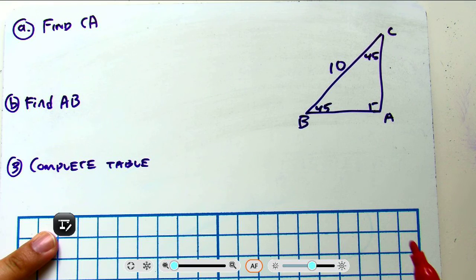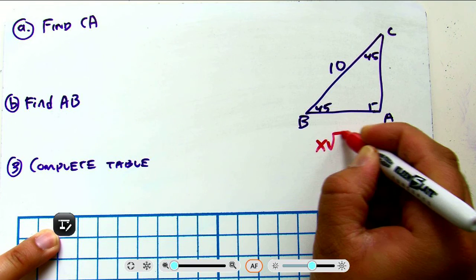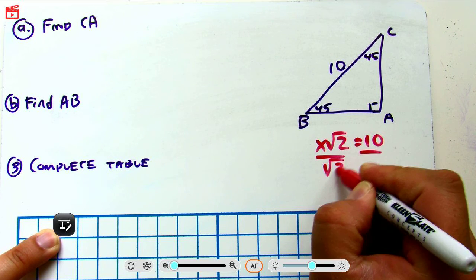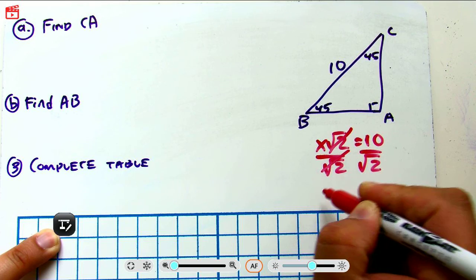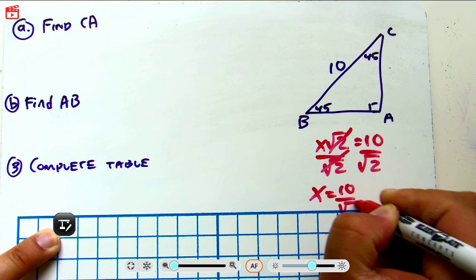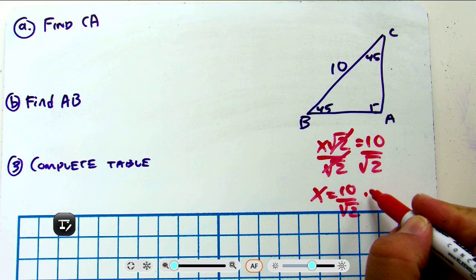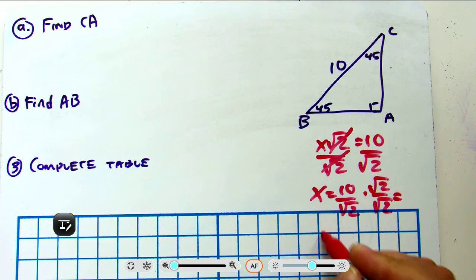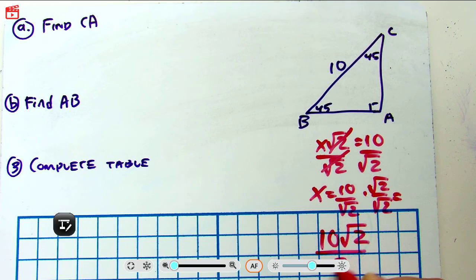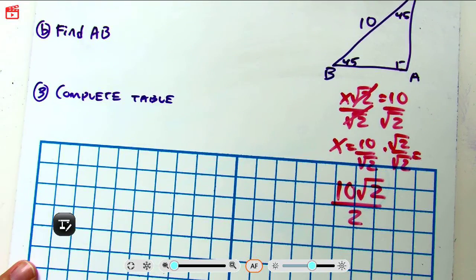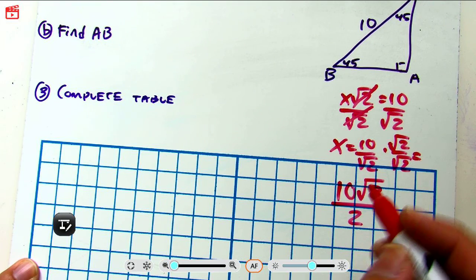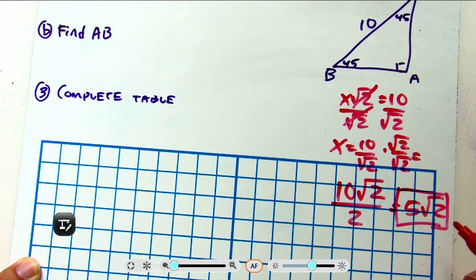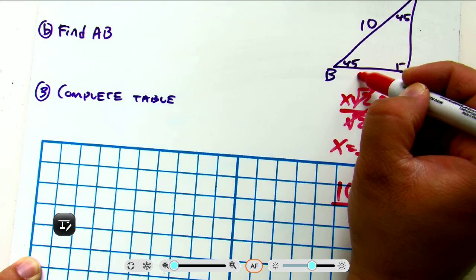So you set that equal to 10. Divide both sides by square root of 2. And x is equal to 10 divided by square root of 2. Multiply the top and bottom by square root of 2. And we're left with 10 square root 2 over 2, which reduces to 5 square root 2. So that tells us this is 5 square root 2, and this is 5 square root 2.